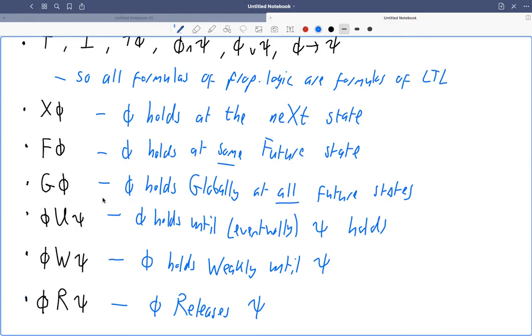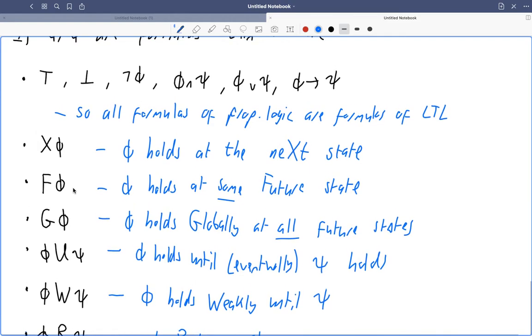So before going into what they mean mathematically, and in order to explain that, we're going to again define an appropriate satisfaction relation. I want to say something about the interpretation of the temporal logic formula.